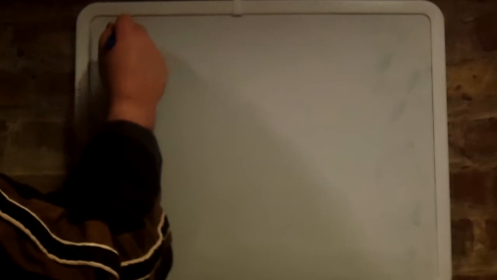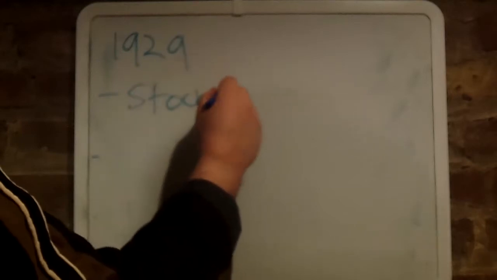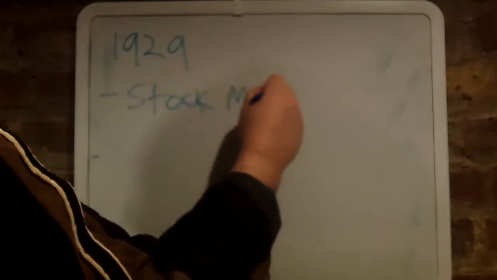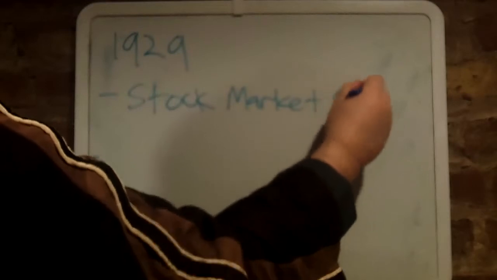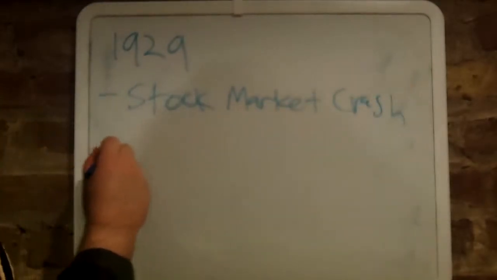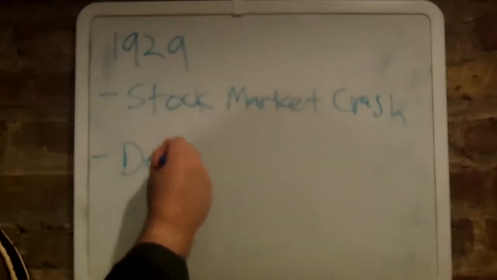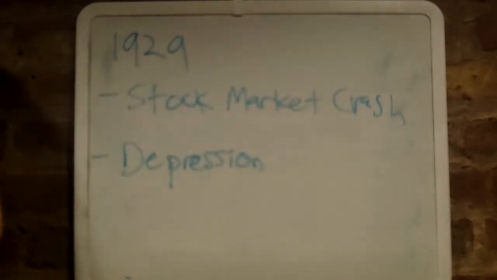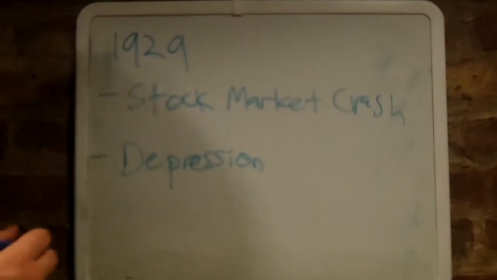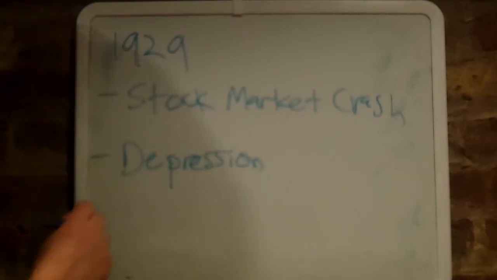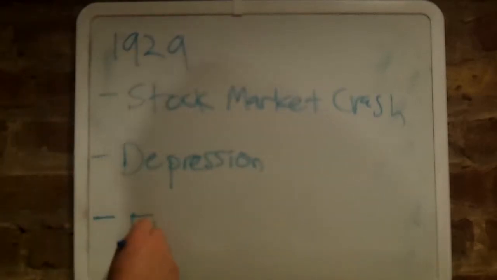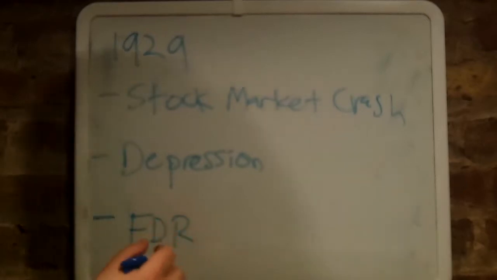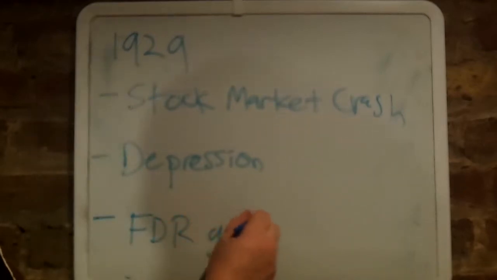So in 1929 we have a stock market crash, and that led to the Great Depression. And as a result of the crisis, FDR gets elected, promising change and hope.